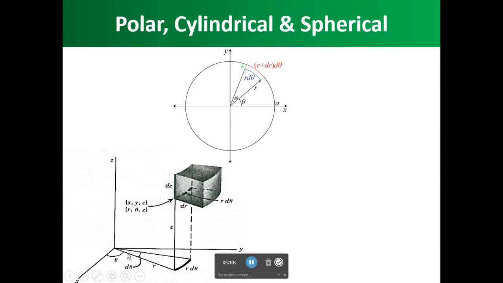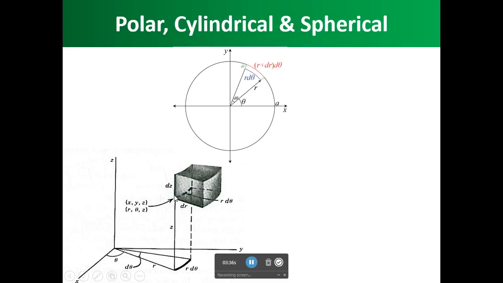We use theta here, and here was our d theta, and here was our r, radius. This is our r times d theta. If we take this arc and go up z, we have a change of dz here.